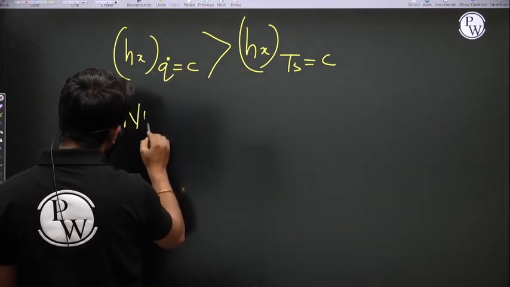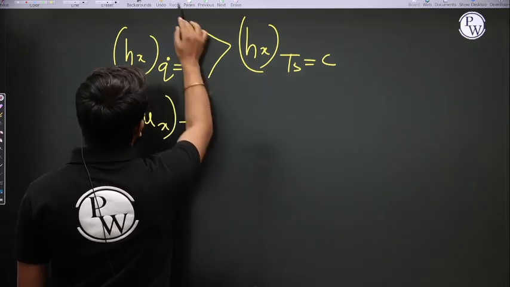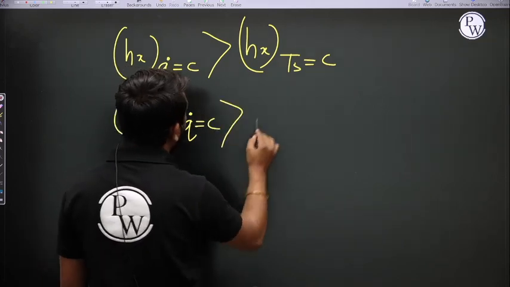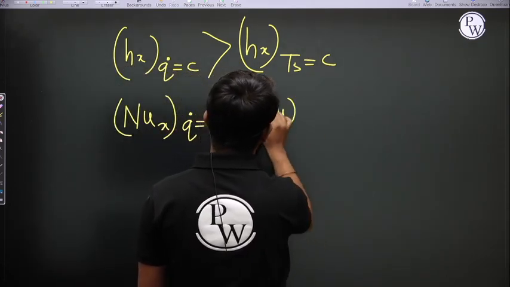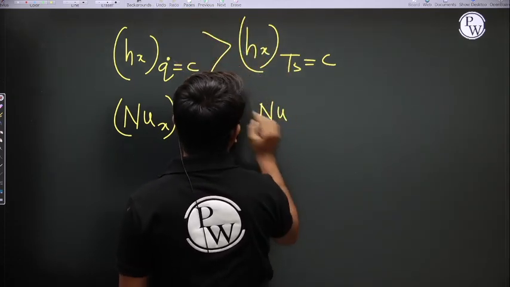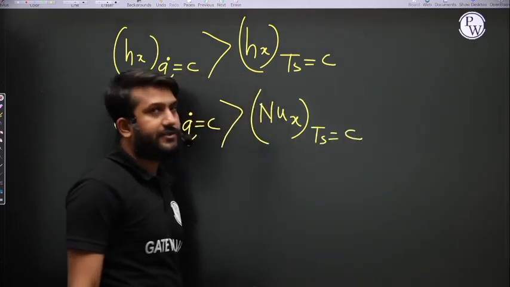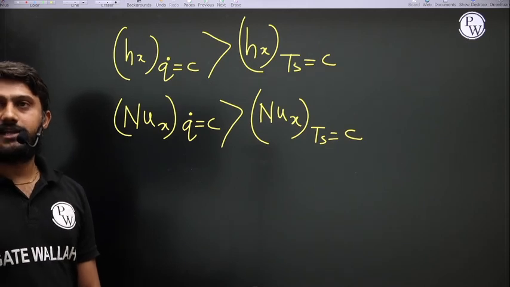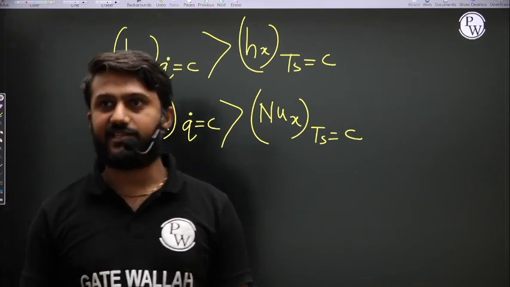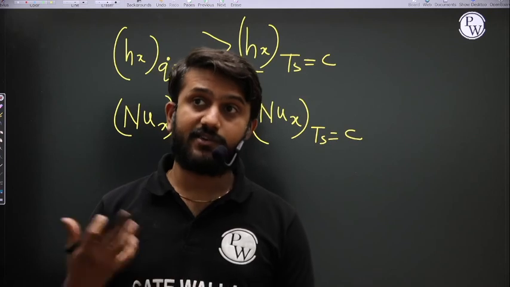Similarly, you can comment on the Nusselt number also, Nux: in the constant heat flux case, it is more than in the constant wall temperature case.